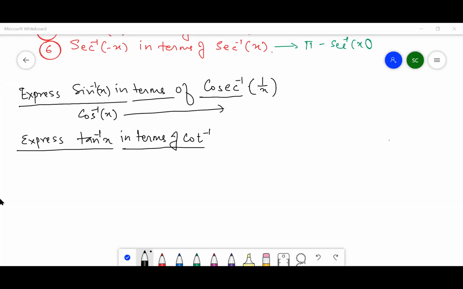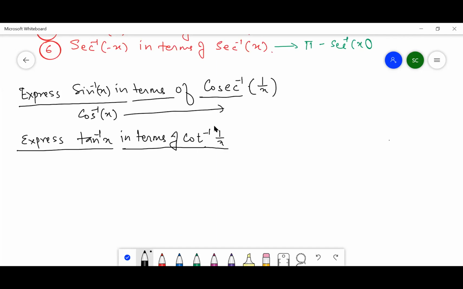Okay, tan inverse x in terms of cot inverse of 1 upon x is going to be a little tricky because the range of tan inverse is minus pi by 2 to pi by 2, and the range of cot inverse is 0 to pi.